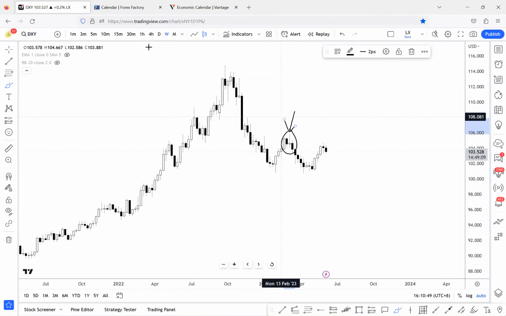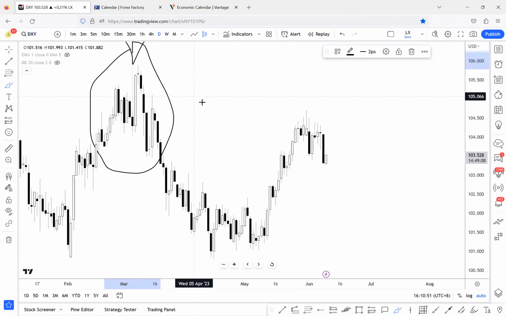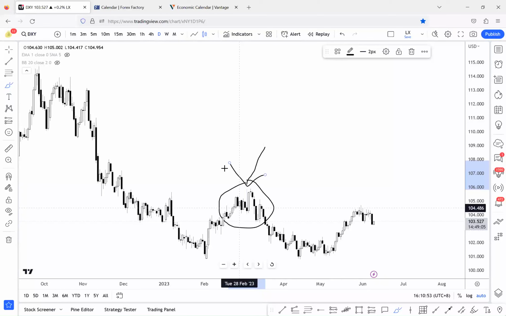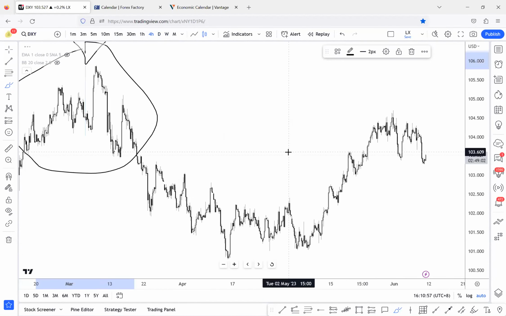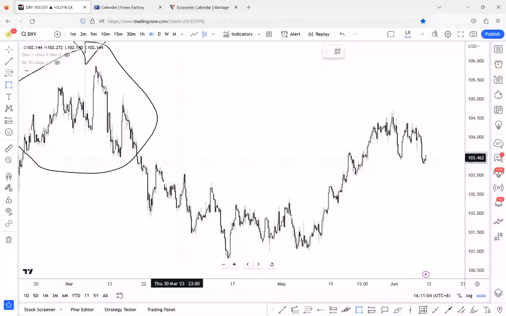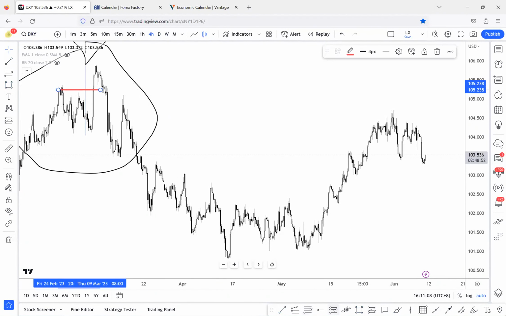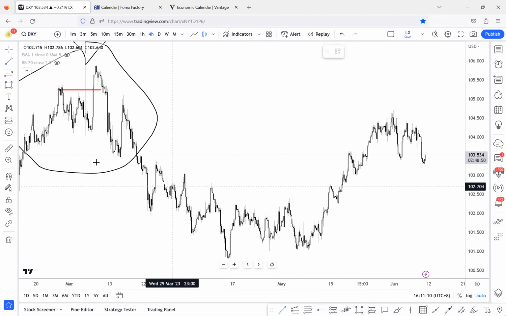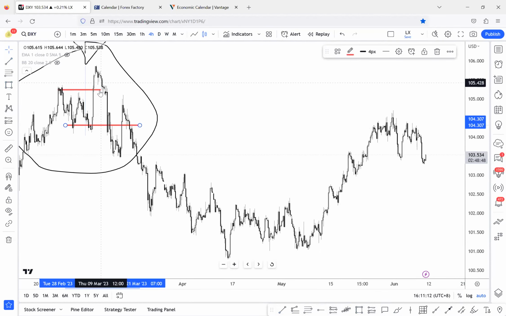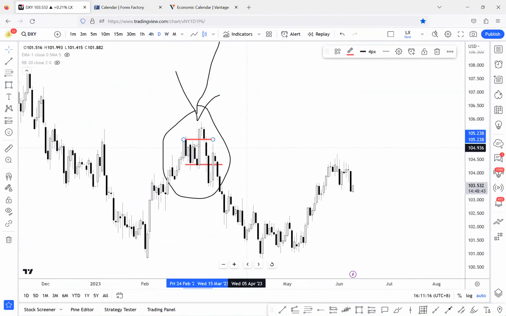If I were to move to the daily time frame, you can see that the same area that was being highlighted, this zone, or even down to the 4 hours, this might be even clearer on the 4 hours, you can see that the same area that was being highlighted, price traded within this range, this support resistance area. So price traded within this whole range, which basically is the doji that was highlighted on the weekly time frame.